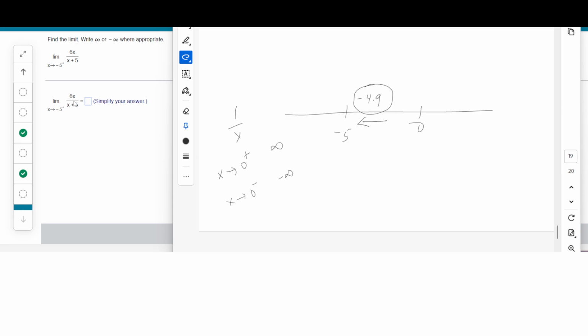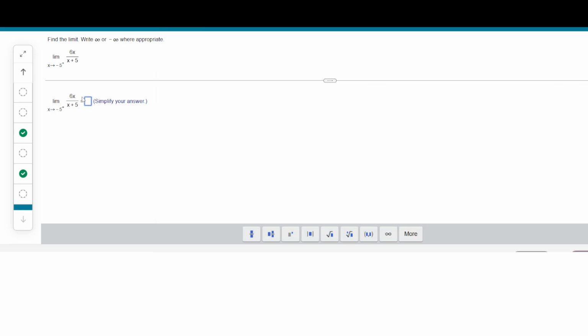So here, the bottom part would be a positive value approaching 0 from the positive side, and the top part would be a negative value, because when x approaches negative 5, you replace x by negative 5. So eventually this value goes to negative infinity. So the answer would be negative infinity.